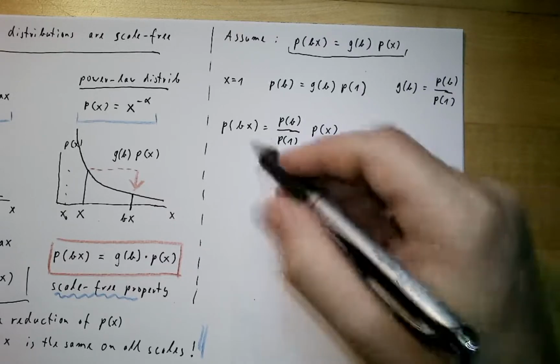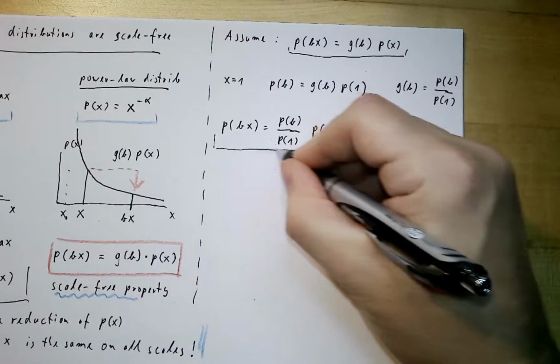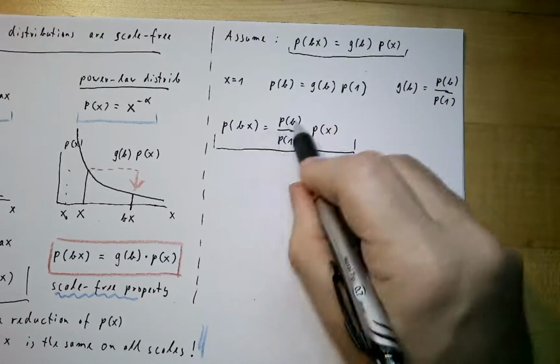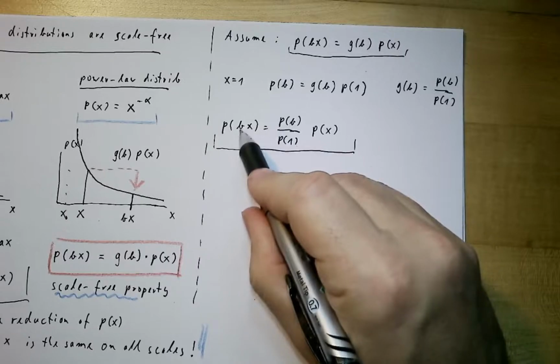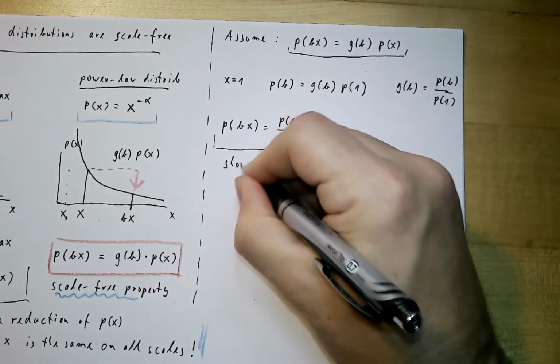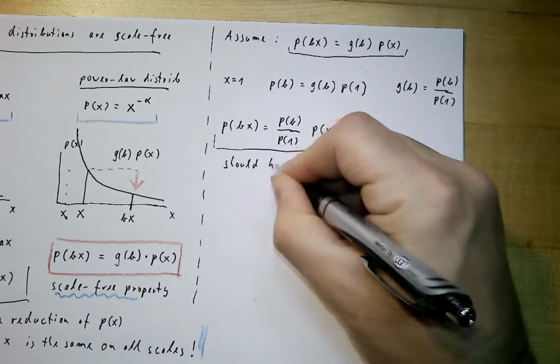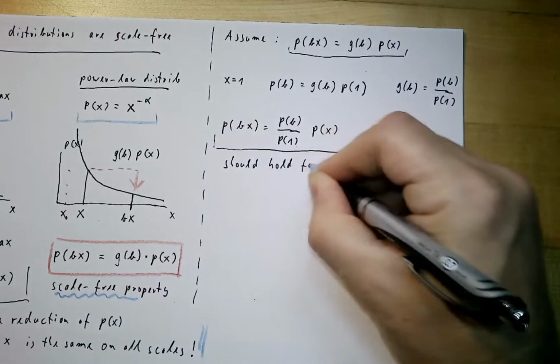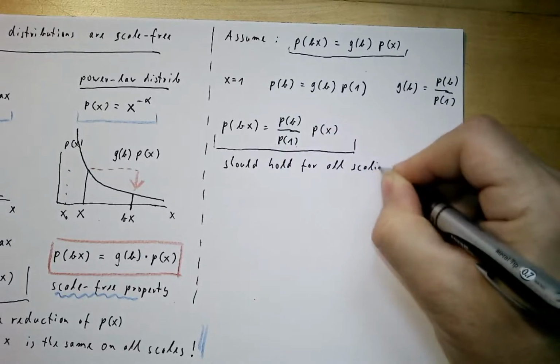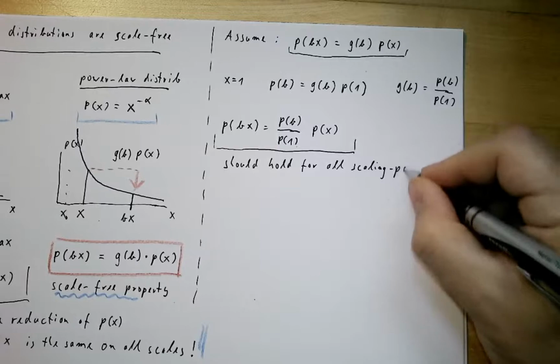And now this should hold for all values of b. So this is a function of b. For all scaling parameters, we call this b a scaling parameter. It should hold for all scaling parameters.